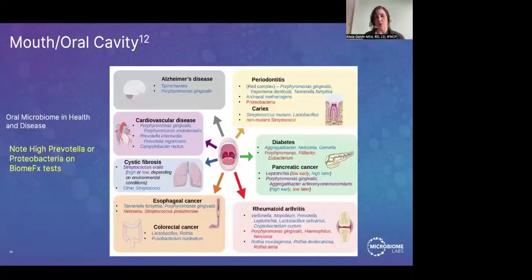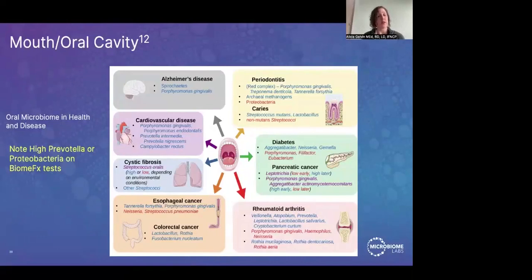And then these are some other things that any sort of dysbiosis in the oral cavity can lead to or has been linked with. So if you're looking at any sort of stool test that you're using, there are certain patterns that you can see that might give you clues at an oral dysbiosis, or maybe something happening in the mouth that you would need to address.